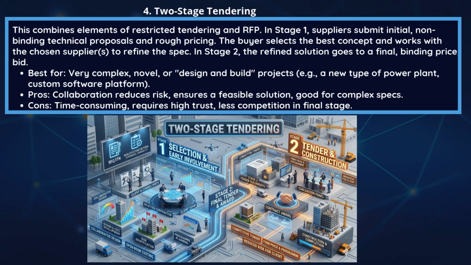In stage two, the refined solution goes to a final binding price-based bid. Best for very complex, novel, or design-and-build projects. Example, a new type of power plant, custom software platform.